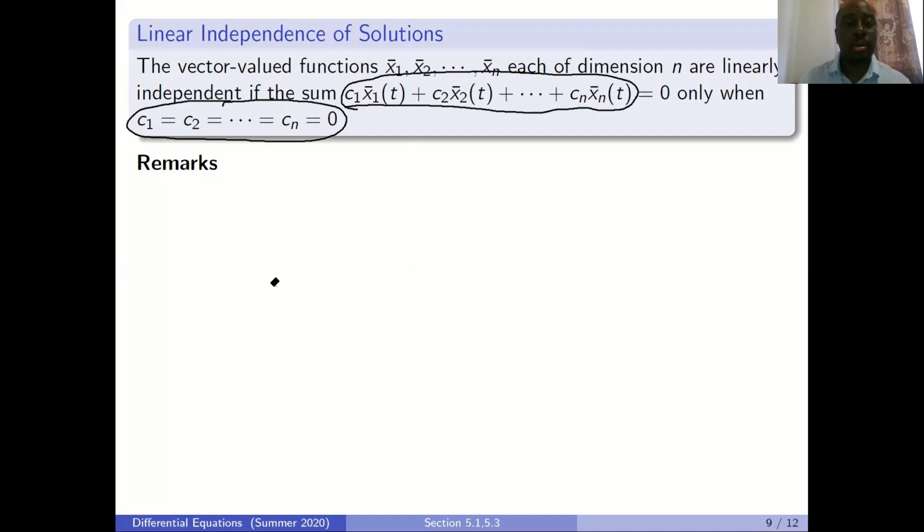Okay, so now that we have a definition for linear independence, we can identify when we have a linearly independent set of vectors. And by virtue of the fact that if you have a system of n equations and n unknowns you have an n-dimensional vector space, we can write down the general solution.